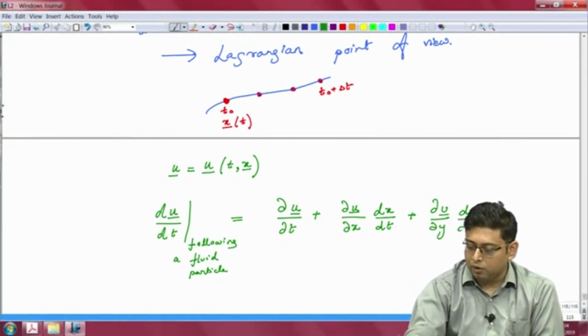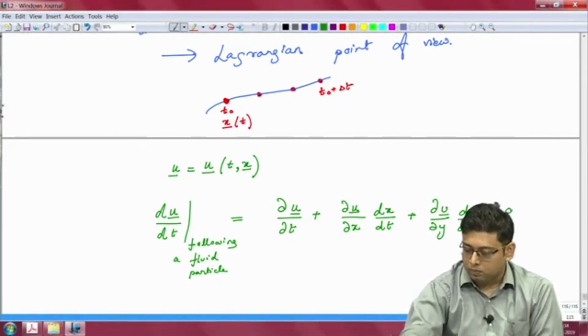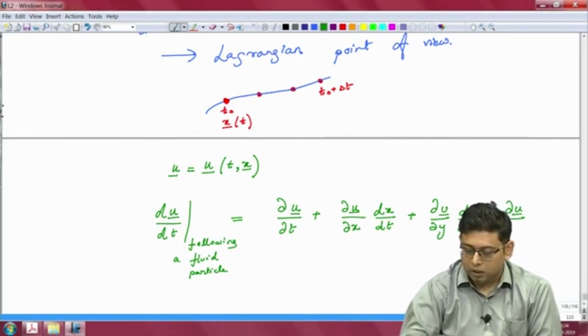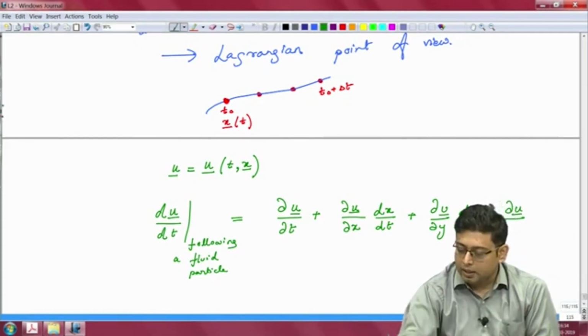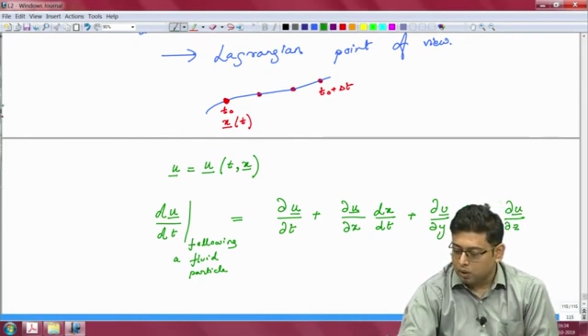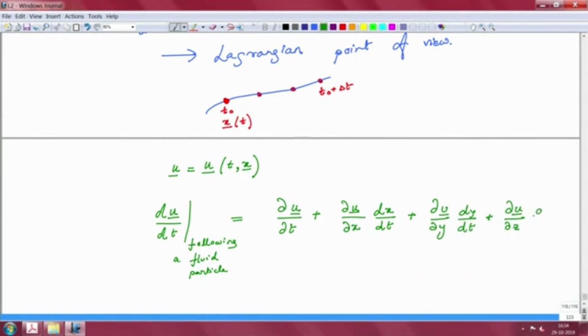I am just applying the chain rule here, because to evaluate this I must apply the chain rule and look at it from that perspective. Now, you will notice that in the case of the Eulerian system, these are nothing but your Eulerian velocities.